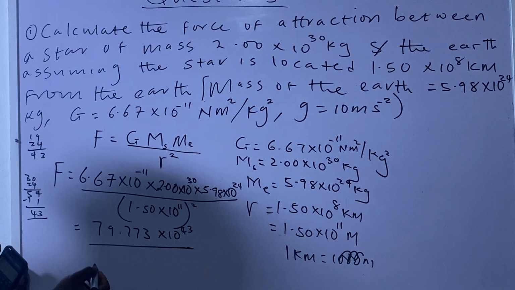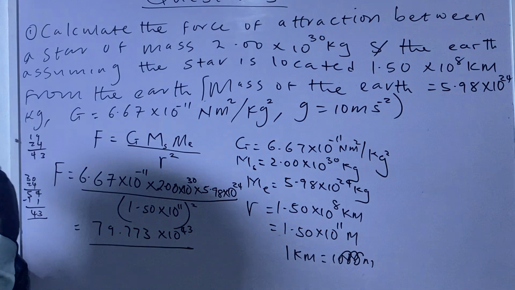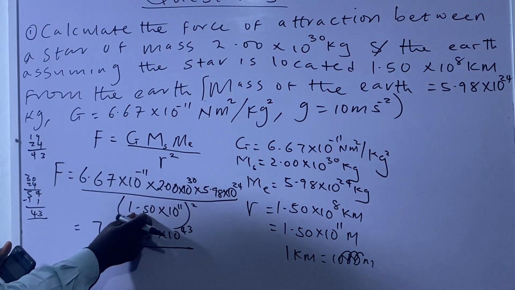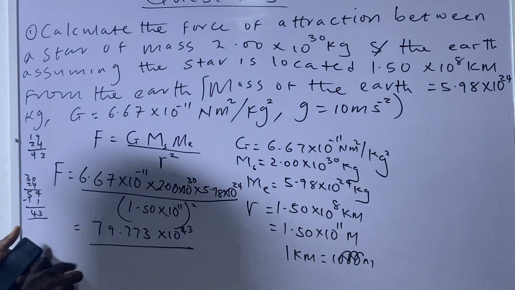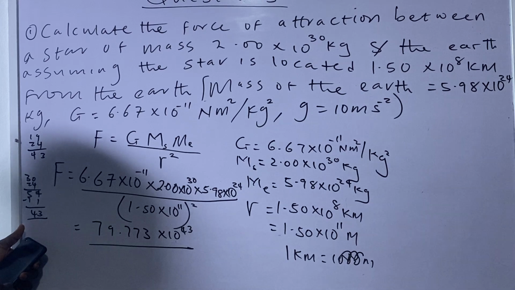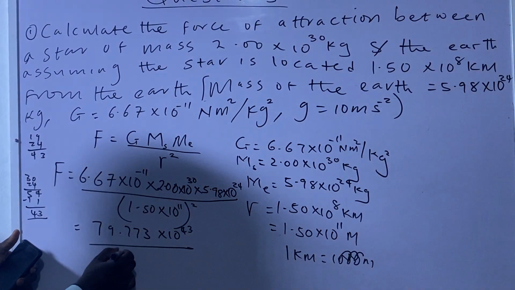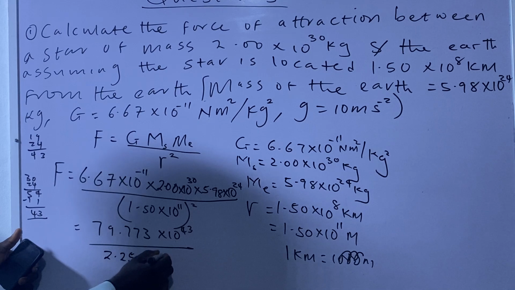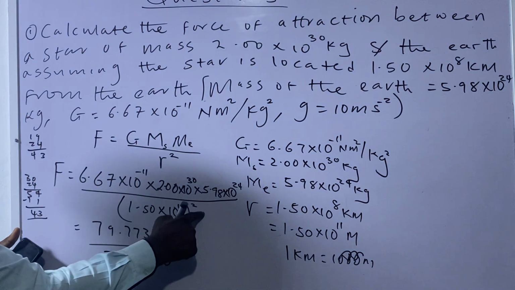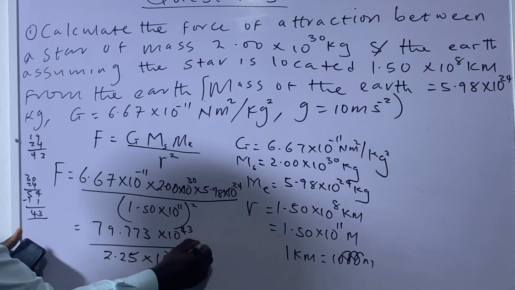Then come to the denominator. For the denominator, we know that we take this one, square it, then square this. So we have 1.5 times 1.5, in case you don't have a calculator, 2.25 times, power can multiply power, so you have 22 right there.